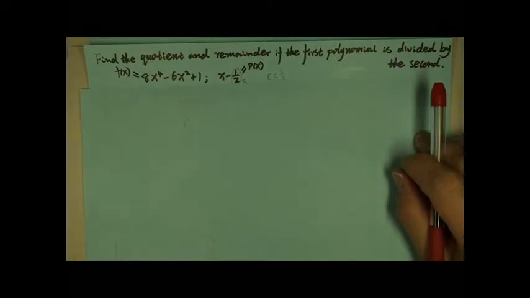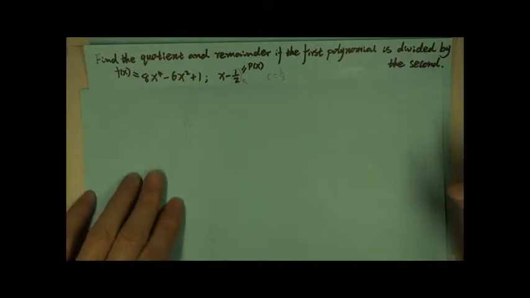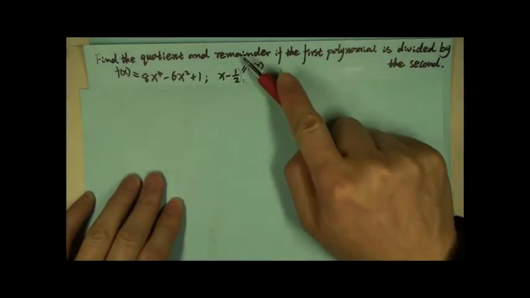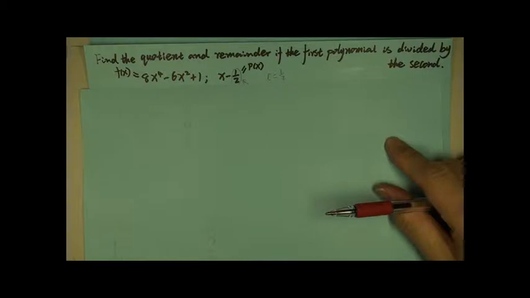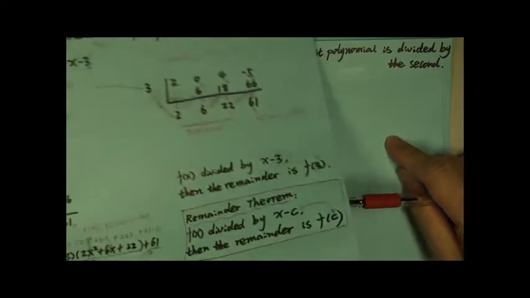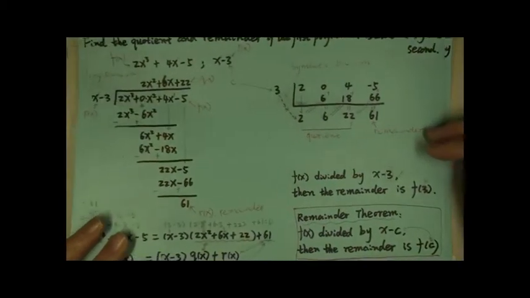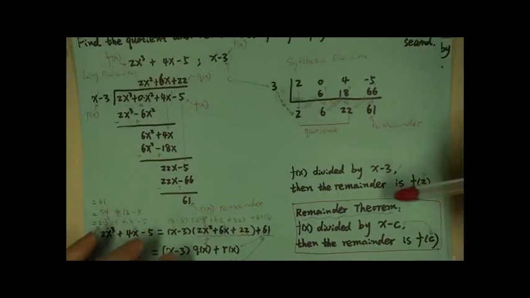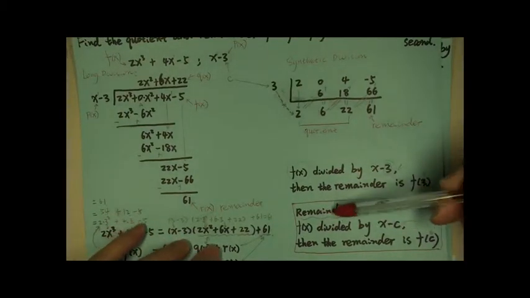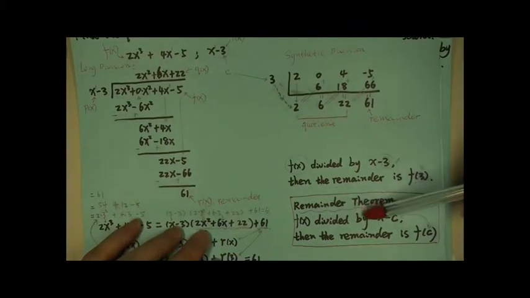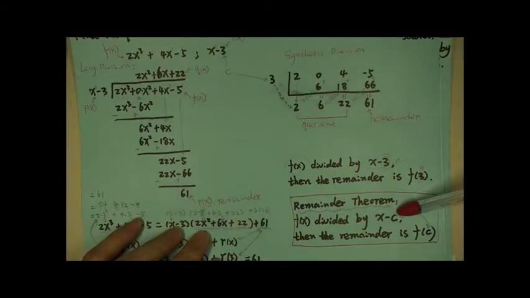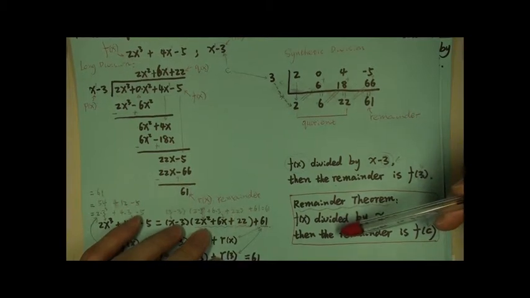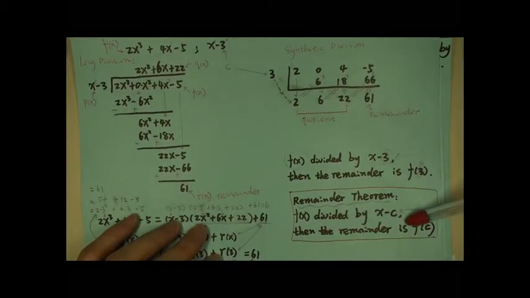Since we have learned the remainder theorem, we may find out the remainder first. What does the remainder theorem say? It says that if f of x is divided by x minus c, then the remainder will be f of c.